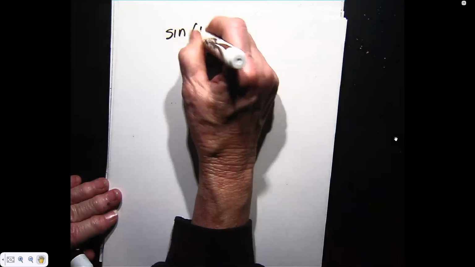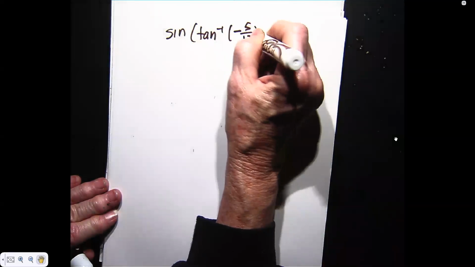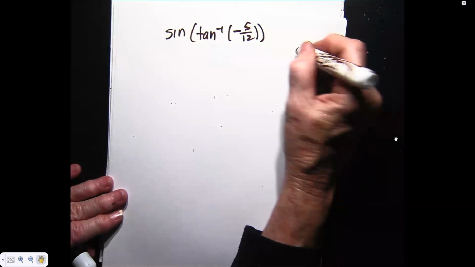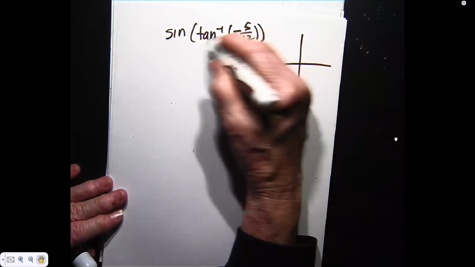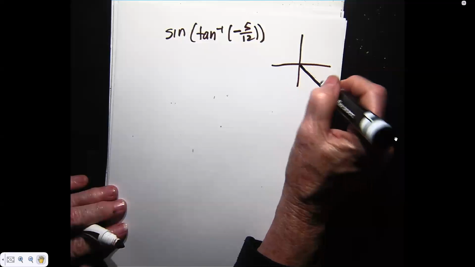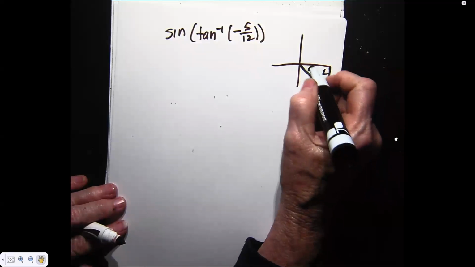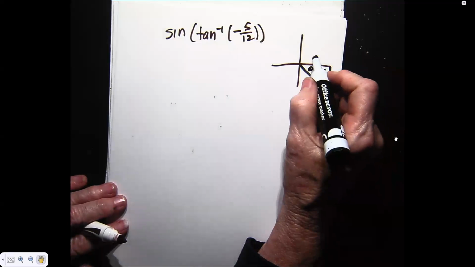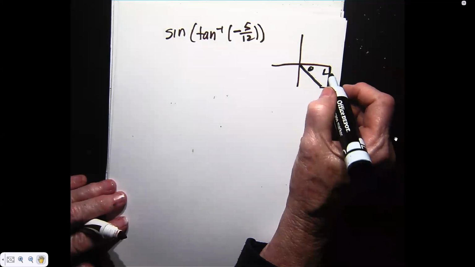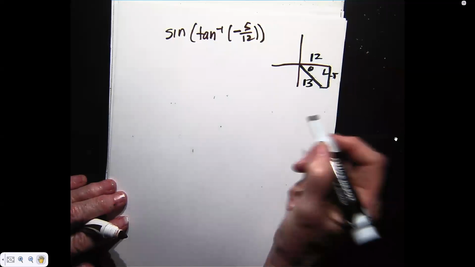Changing just a little bit, if I said, what is the sine of the tangent inverse of -5 over 12, then I can change this, and tangent is negative in quadrant 4. So I'm going to draw my triangle down here this time. There's my angle, opposite -5 over adjacent 12, and the hypotenuse would be 13.